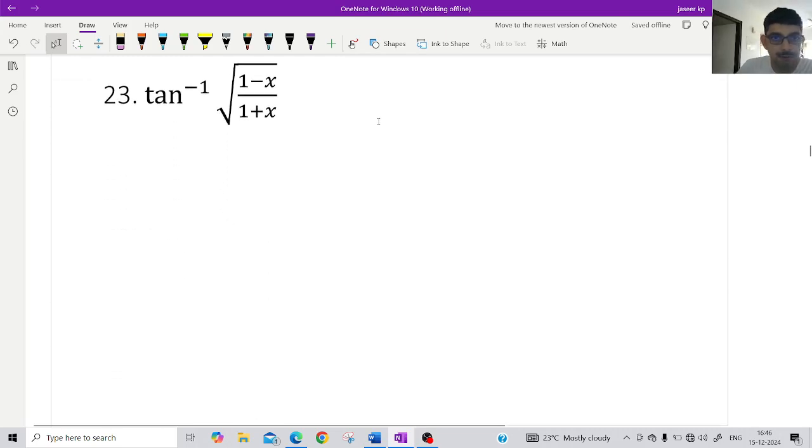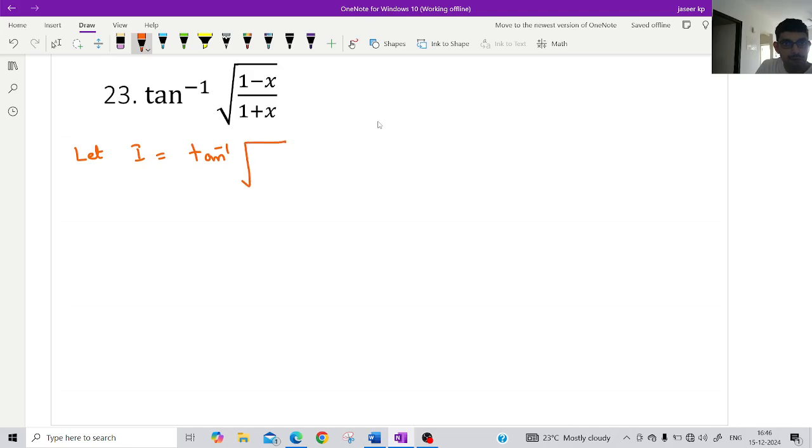The next one is tan inverse of root of (1 minus x) by (1 plus x). We'll take this as I, the integral of tan inverse of root of (1 minus x) by (1 plus x), dx.